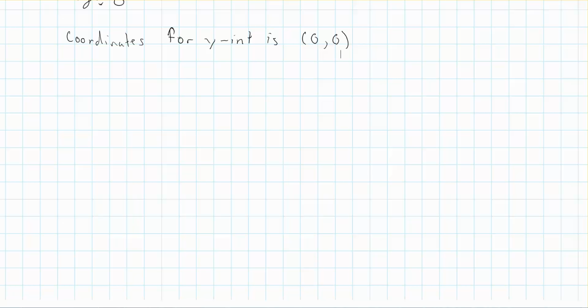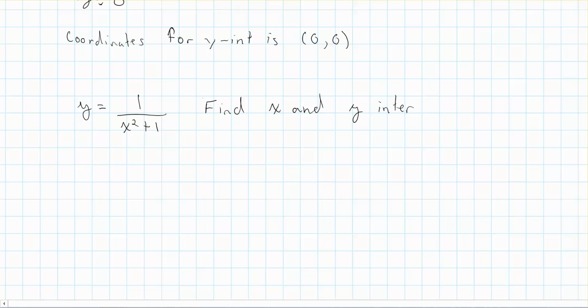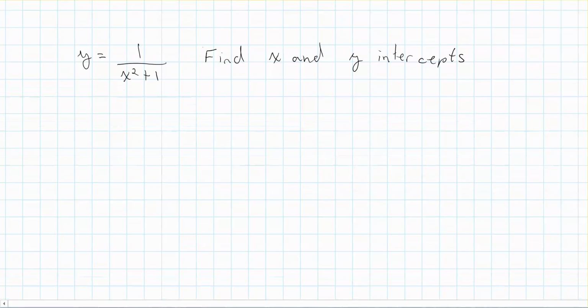And let's look at the equation y equals 1 over x squared plus 1. And we want to find the x and y intercepts. Well, just as before, to find the x-intercept, we set y equal to 0 here.